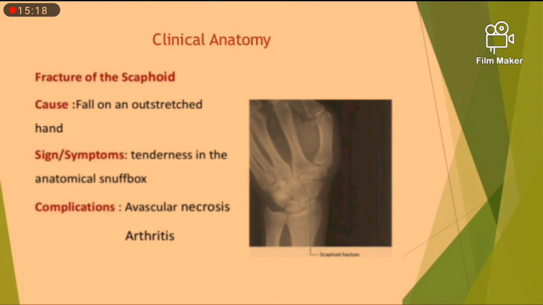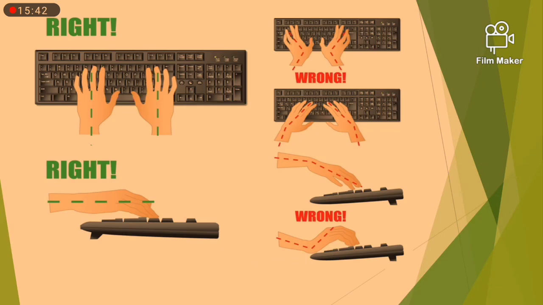And complications are avascular necrosis and arthritis. After the joint has been recovered, even after that, complications may arise as avascular necrosis, means no blood supply to this region and necrosis, or there may be prolonged complication, that is arthritis.